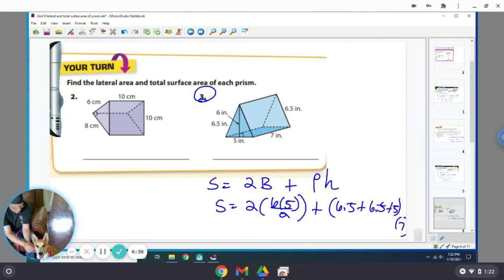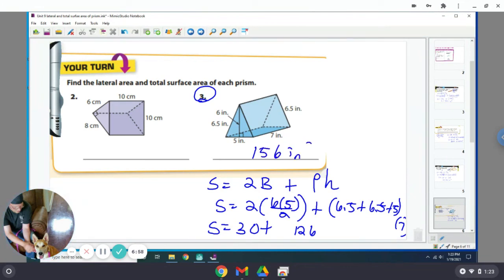So we're going to do 6 times 5, divided by 2, but multiplied by 2, leaves you at 30, plus 6.5 plus 6.5 plus 5, times 7, which is 126, plus 30, which is 156.